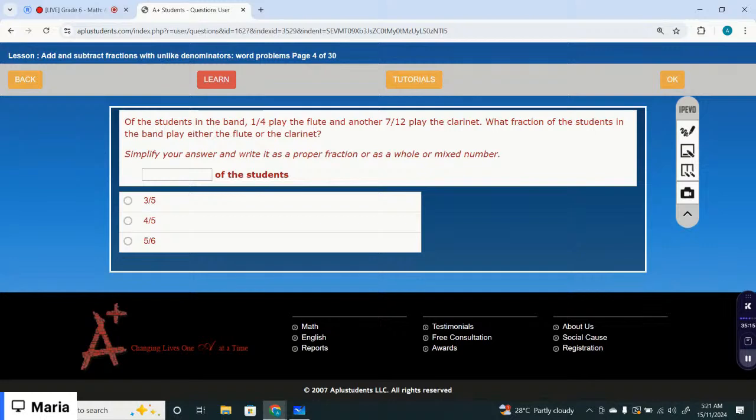Of the students in the band, one fourth play the flute and another 7 by 12 play the clarinet. What fraction of the students in the band play either flute or clarinet? So, which is the correct option?